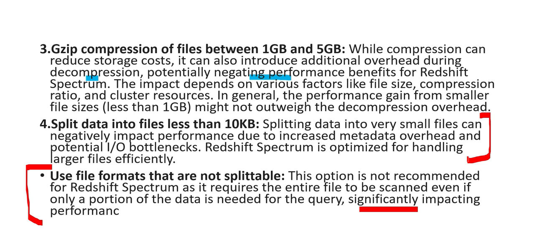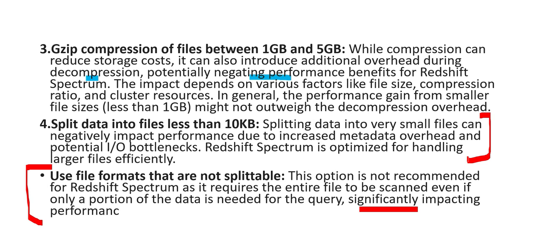Because there are so many small files. The way Redshift Spectrum works is, it has been born to handle large files efficiently. Now if it is born to handle large files efficiently and you are telling it, boss, I'll give you small files, that guy will get slowed down.